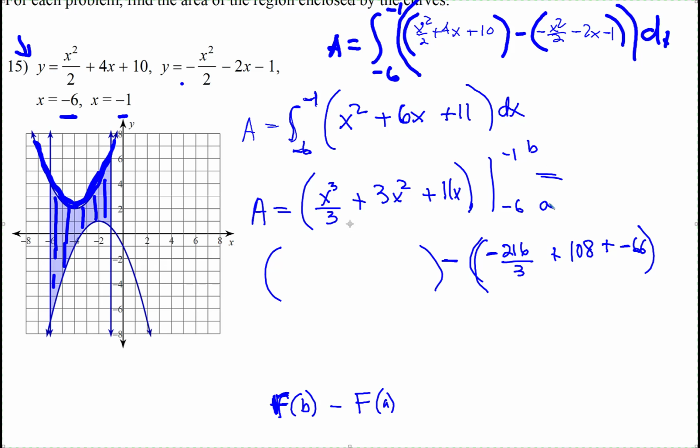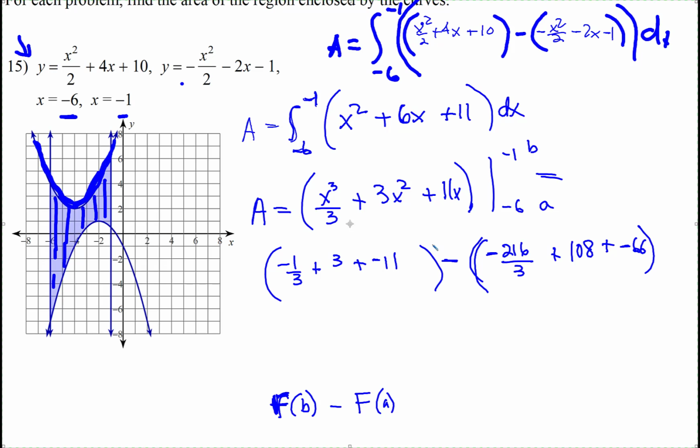All right. So when we put -1 in there, -1 cubed is -1, so that's -1/3, plus -1 squared is 1, 3 times 1 is 3, -1 times 11 is -11. All right. Well, negative 1/3, subtract a negative 216 thirds. So that's adding 216.